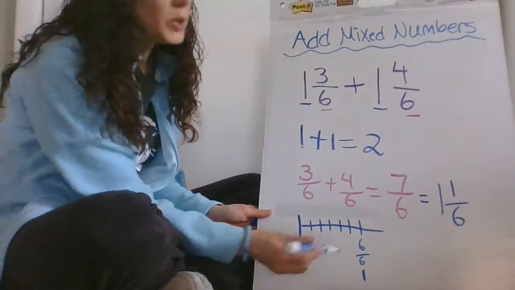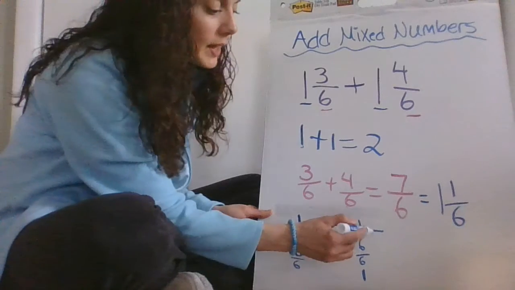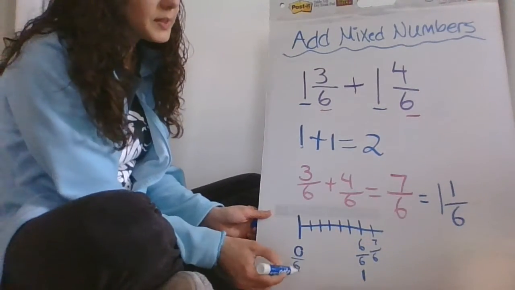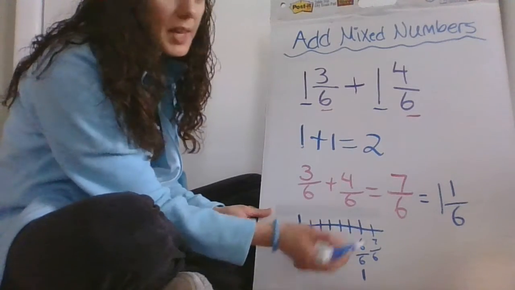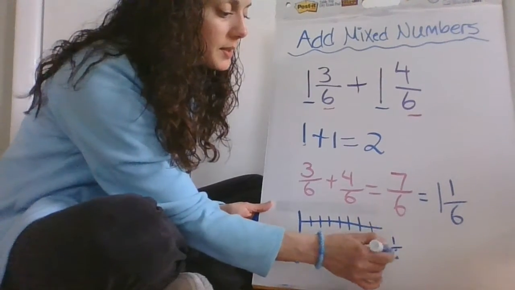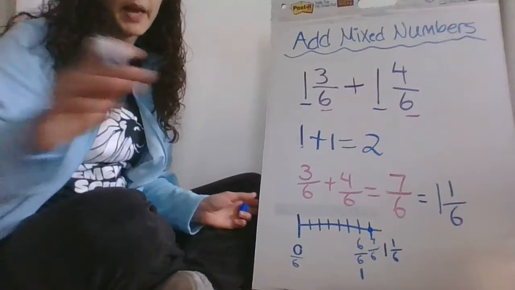So it's important that when you get to the same numerator and denominator, you know that it's one whole. Here we have 7/6. Well, it's the same thing as 1 plus one more sixth, right? 1 and 1/6 is this dot right here. Okay?